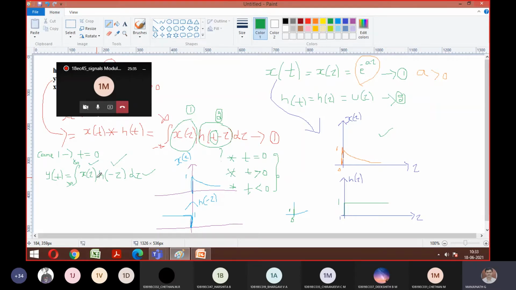After substituting t equal to 0, we got a new equation, h of tau into x of tau. After doing convolution, only this much part is left out. Do you think that after substituting in this y of t, you get any value? Do you have integration of 1?